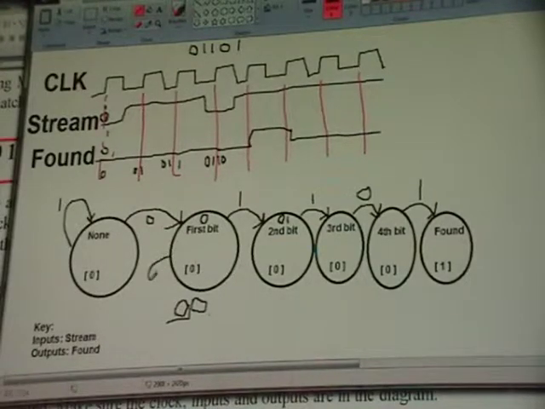So what actually happens is, since this could be the first bit, if this was 0, 1, 1, 0, 1, you'd have that pattern. This new bit, this new 0 right here, that could be the beginning of the pattern. So that can still be the first bit, so you have to go back to itself.